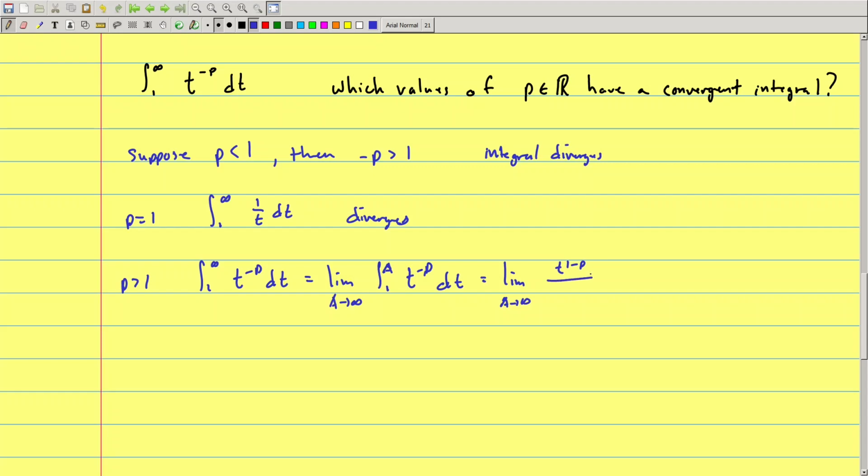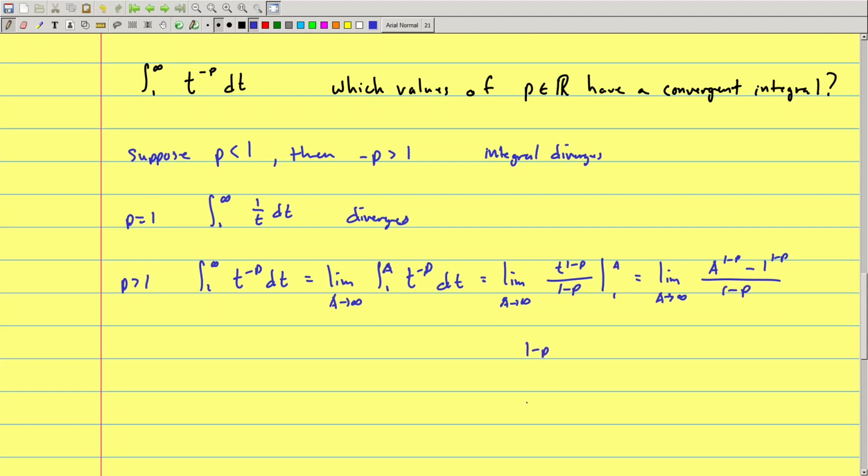So 1 plus p is this, and we divide by the new power. We evaluate from 1 to a, and we get the limit as a approaches infinity of a to the 1 minus p power minus 1 to the 1 minus p power, all over 1 minus p, right?